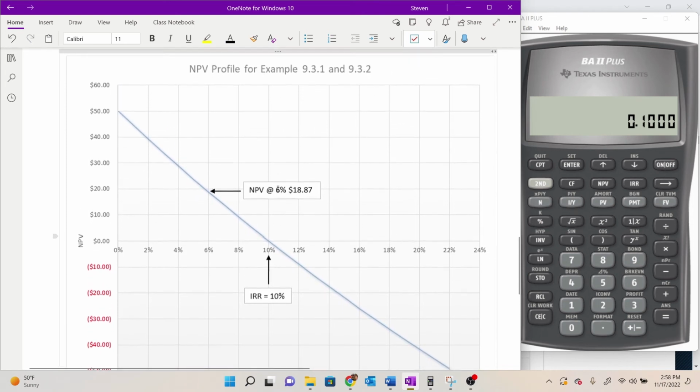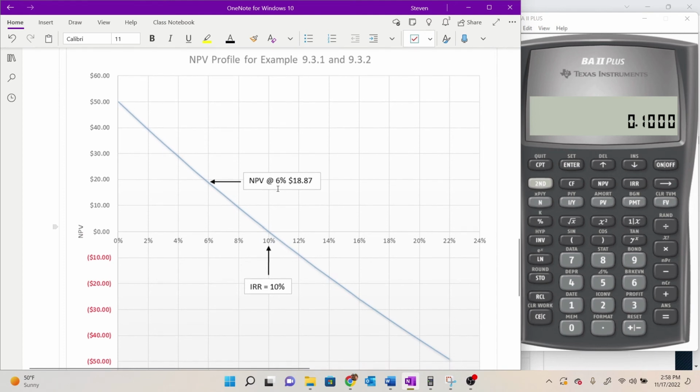Now, this chart is taken from the text, and what we've got is the net present value of this project that we looked at in the previous example, 9.3.1, and we found that the NPV was $18.87, meaning that if we were to accept the project and invest in it, it is equivalent to putting $18.87 in our pocket today, and we actually showed how we could construct that with our borrowing costs.